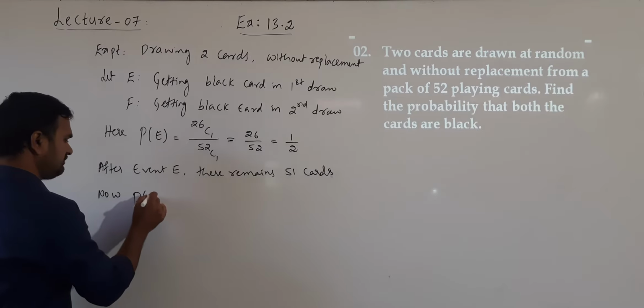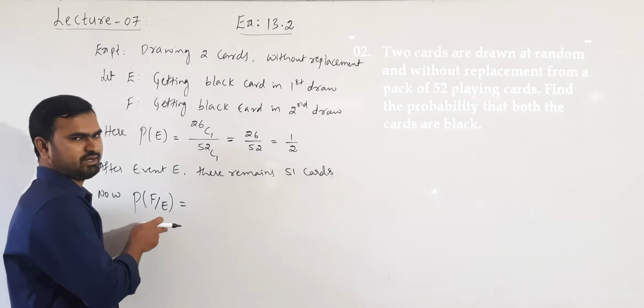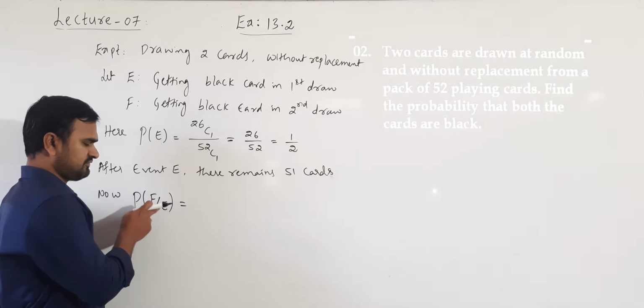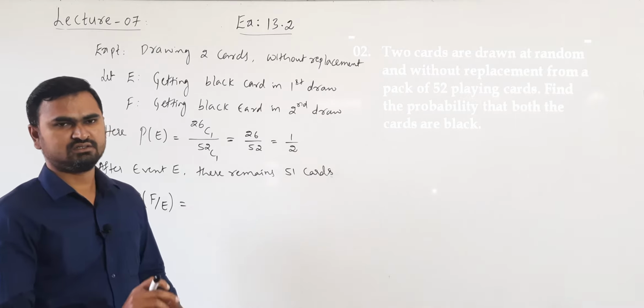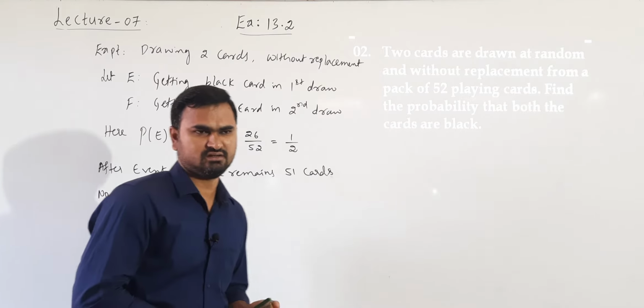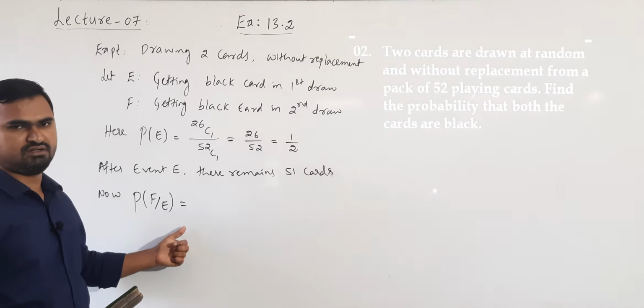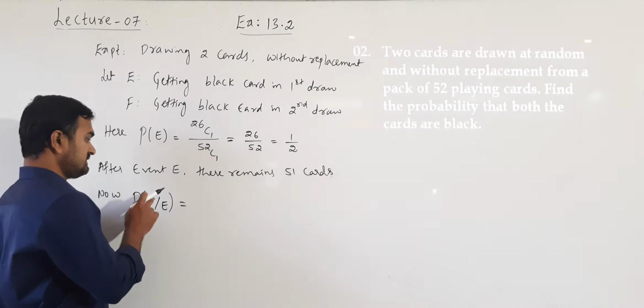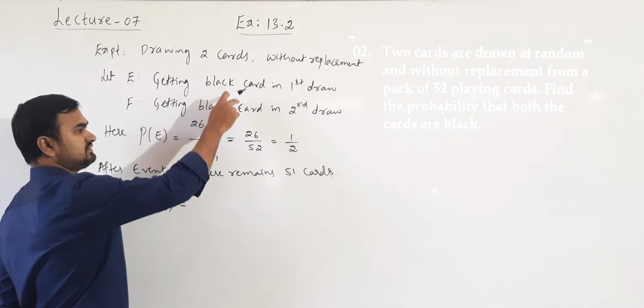probability of F, that is drawing a second black card, given that first card is black, we have to consider that first card is black, because it is depending. The occurrence of F depends on E, because the drawing is without replacement. If it is with replacement, occurrence of F does not depend on E. So here the second event depends on the first event.